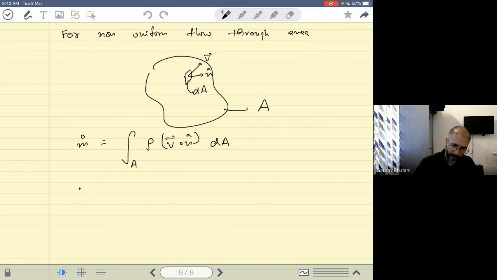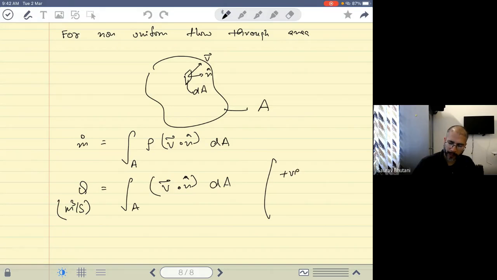Okay, and in some cases we simply talk about the volume flow rate. We don't multiply it by the density, so that is simply the integral of V dot n times dA. And you can see that it is going to be positive if V dot n is positive. And we always define n hat as an outward normal. So what that will mean is if you're talking about the surface of a pipe, if the fluid is flowing out, then this is positive.